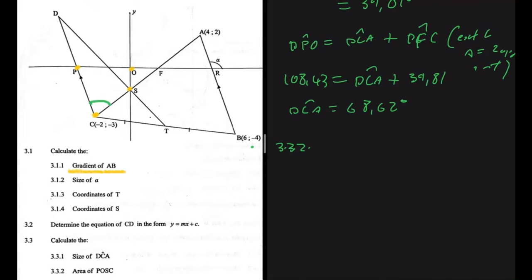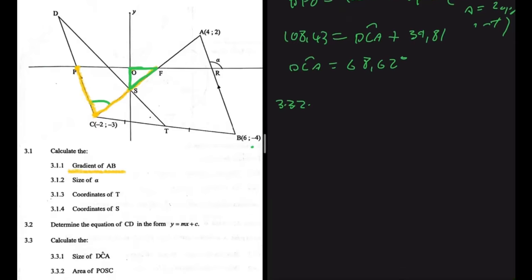We can use the side CF and the side CP to calculate the area of triangle PCF, right? After we have calculated the area of triangle PCF, then we can subtract triangle OFS, and then we're gonna have the area of POSC. So let's go ahead and do that. So we're using CP and CF, right? So let's calculate CP. Here comes the distance formula.